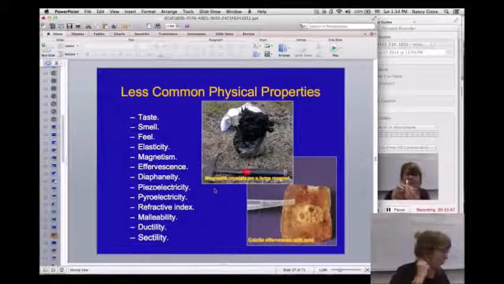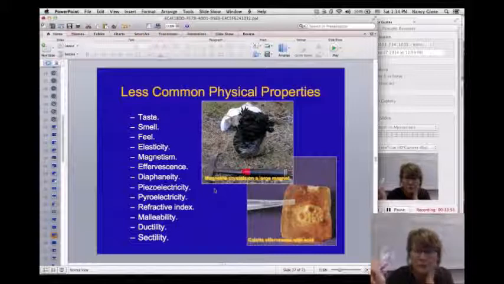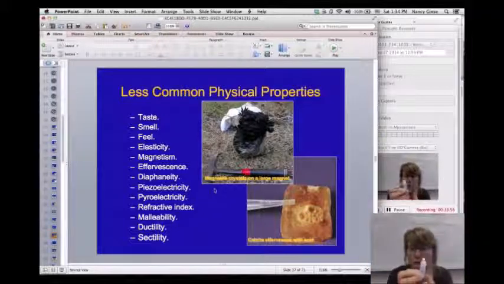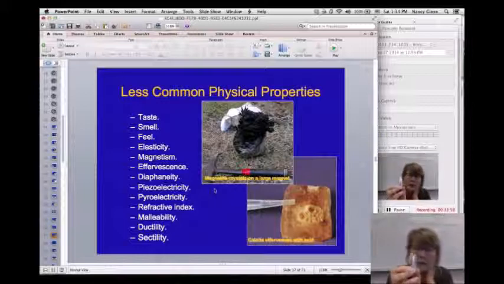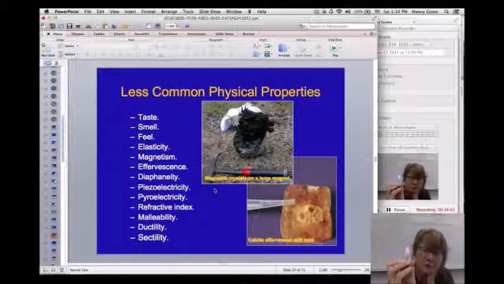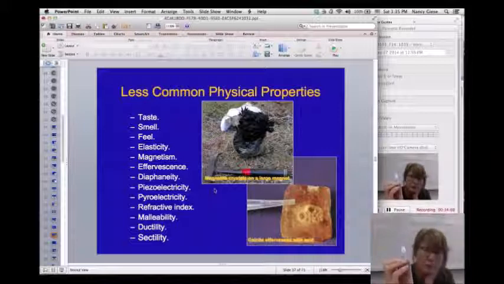One more property test. Using hydrochloric acid, you can use other types of acid, but we have a sample of kind of a dilute or weak hydrochloric acid. Will an acid like this cause reaction in most minerals? Yes, given enough time it will in many minerals. What we're looking for is a very instant and obvious example of reaction to this acid, something called effervescence.